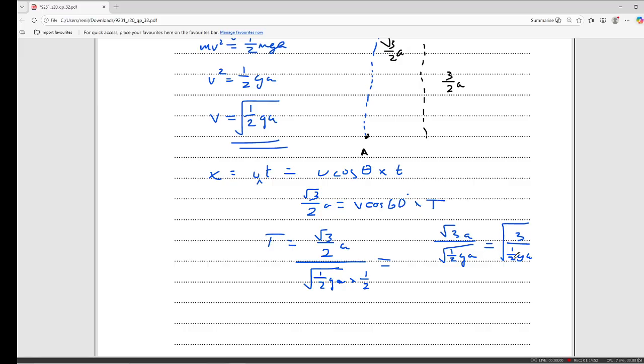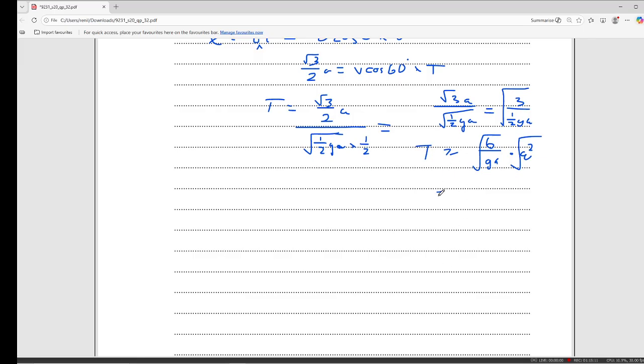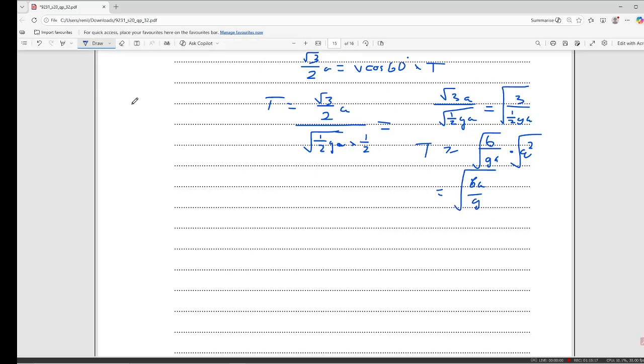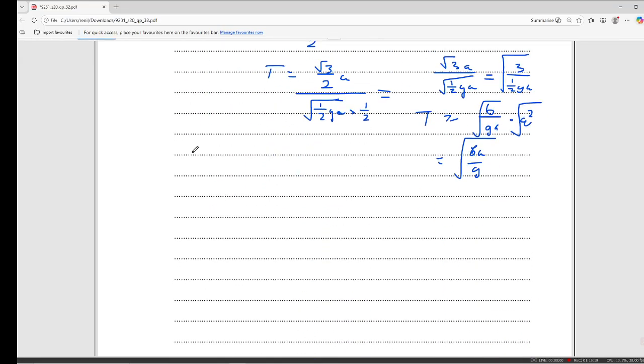Yeah, and then I can write this as t equals, I can multiply 2 on both sides, I get root 6 by ga times a. Now if I square a and then root it, I get t equals root of 6a by g.